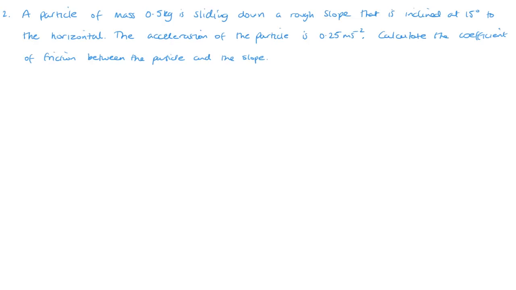So we've got a particle of mass 0.5 kilograms sliding down a rough slope that's inclined at 15 degrees to the horizontal, and the acceleration is 0.25. Basically calculate mu. So I'm just going to quickly sketch what's happening.